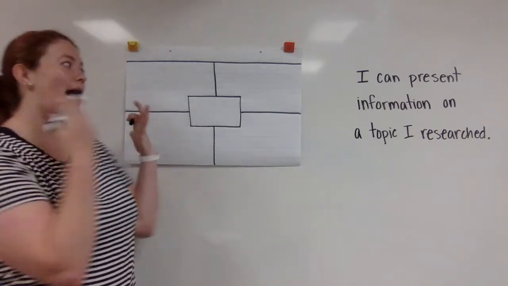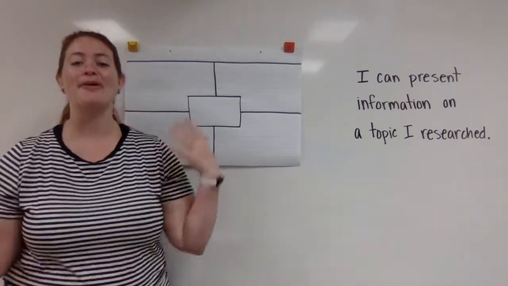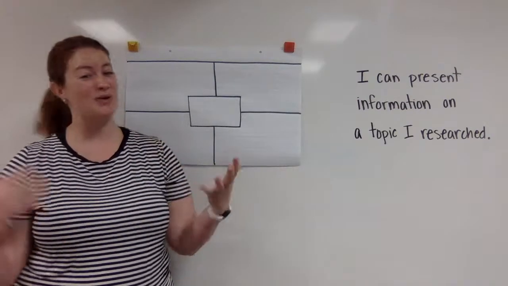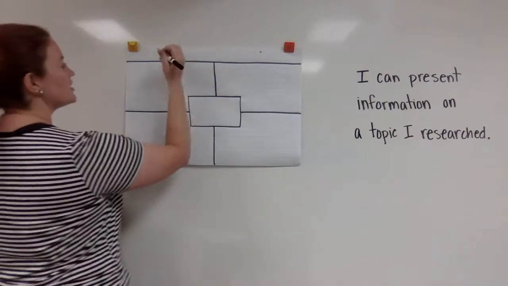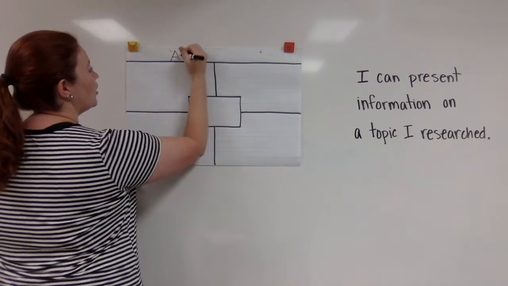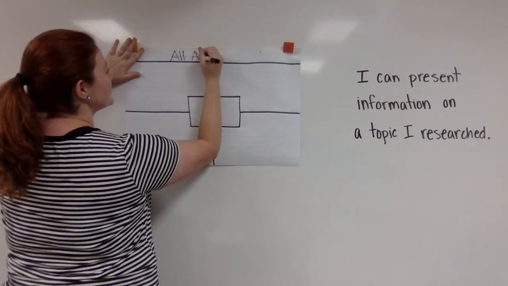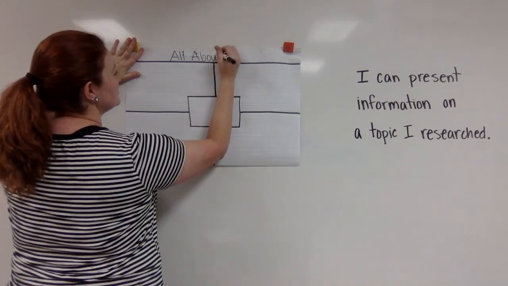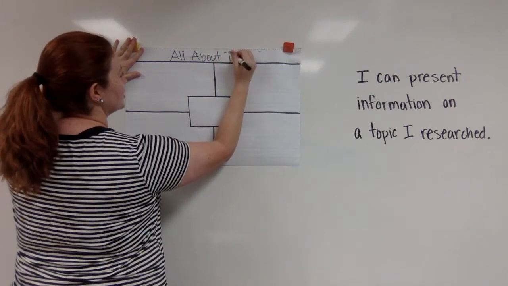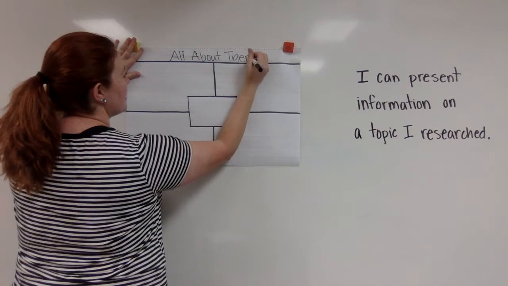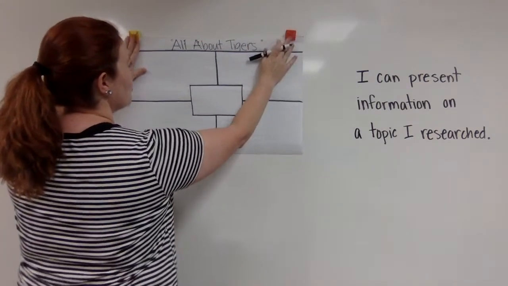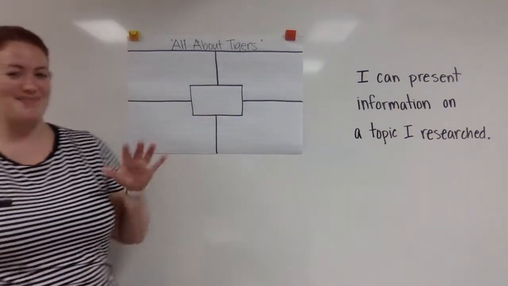I'm going to call my project All About Tigers because that's the topic. That's what it's going to be all about. So on this top line right here, all about tigers. That way I know what the whole thing is going to be about.